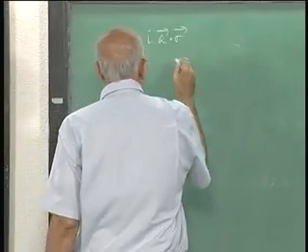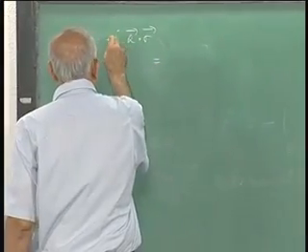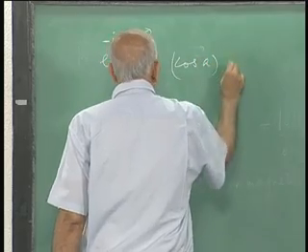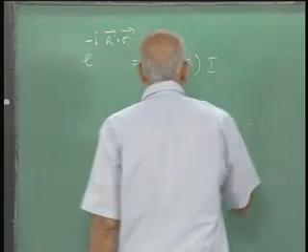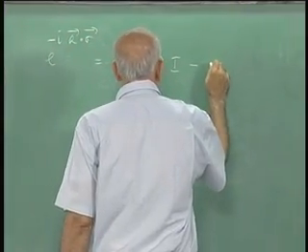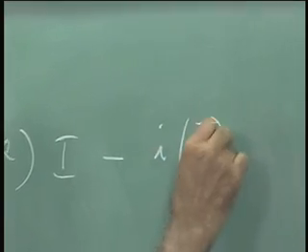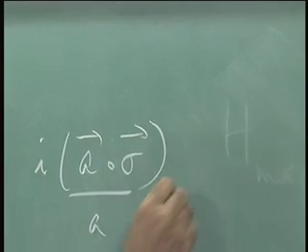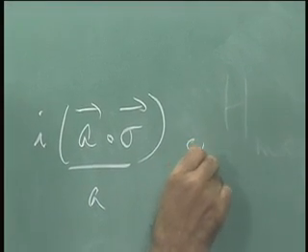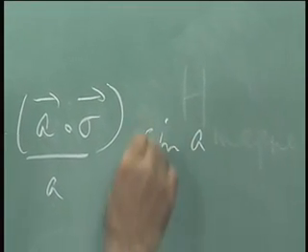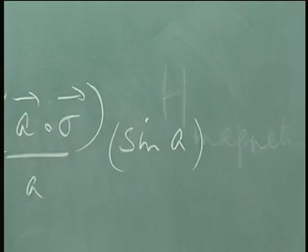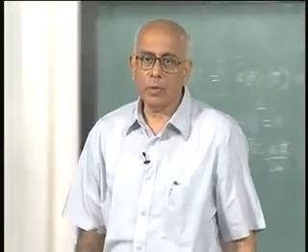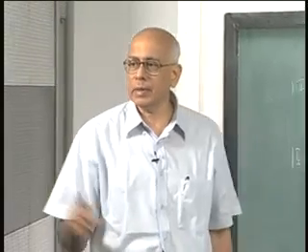This is equal to cos a times the unit vector minus i a dot sigma over a, where a is the magnitude of this vector, sine a. That was the generalization of this Euler formula, e to the i theta is cos theta plus i sine theta.